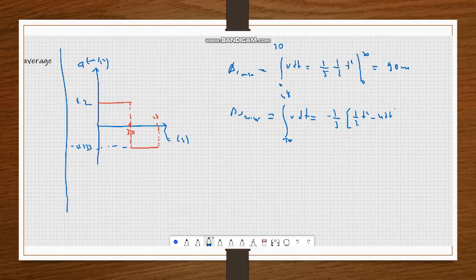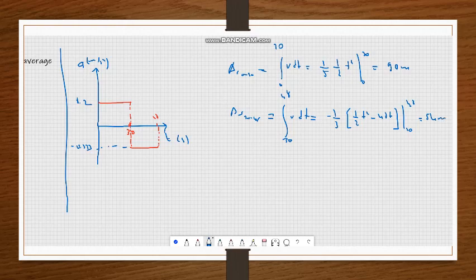The integral from 30 to 48. When we substitute this term, it is going to give us 54 meters.